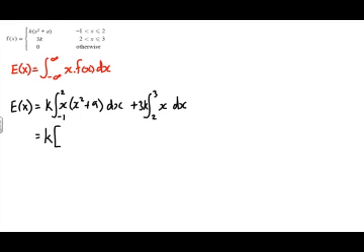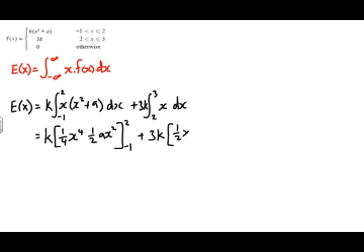x times x squared is x cubed. Integrating x cubed, 1 over 4, x to the power of 4. x multiplied by a is ax. Integrating ax, we should get a half ax squared. Limits, I'm adding on 3k.